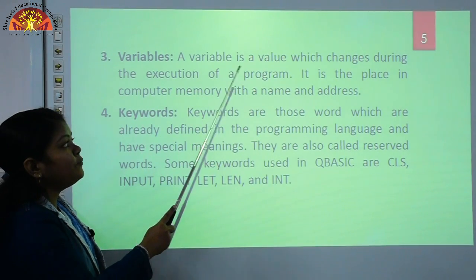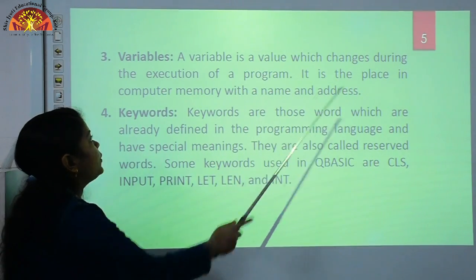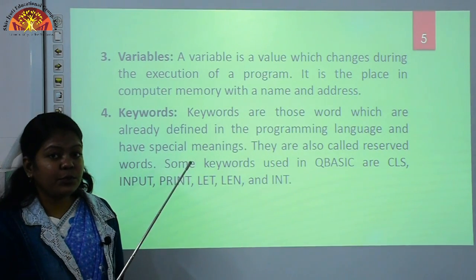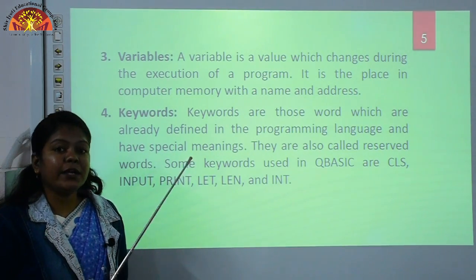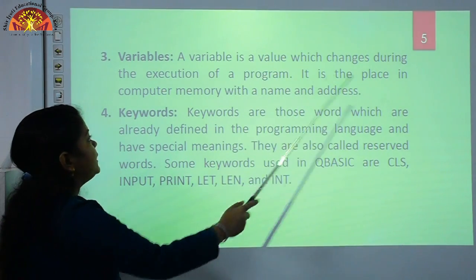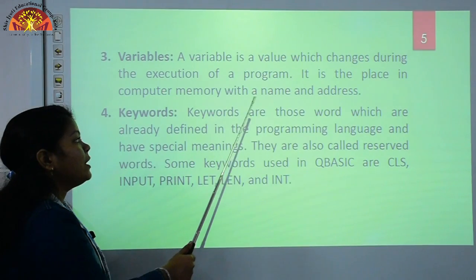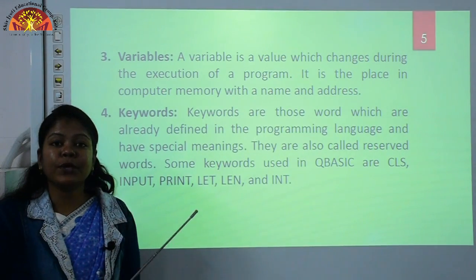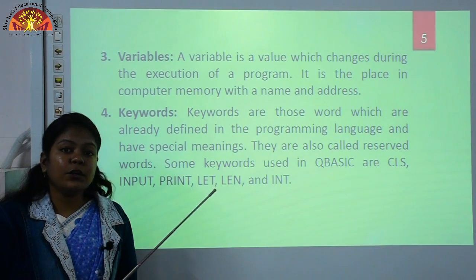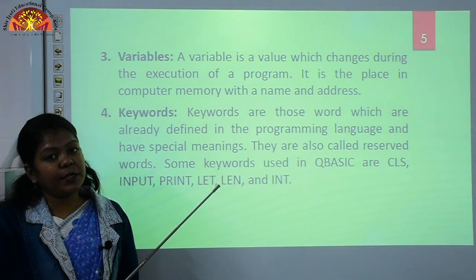A variable is a value which changes during the execution of a program. It is a place in the computer memory with a name and address. You can write a variable like a equal to 10. Here 10 is your value and a is your variable.